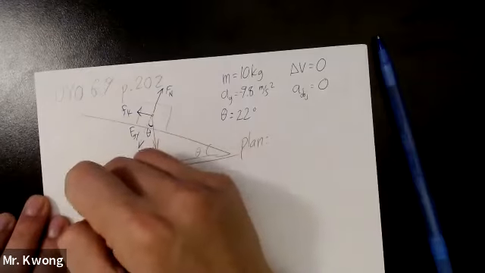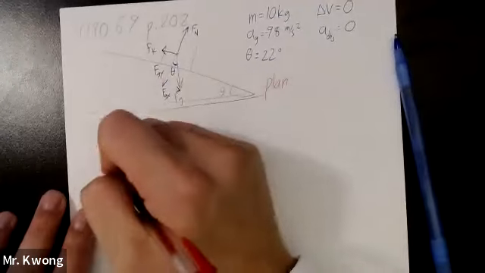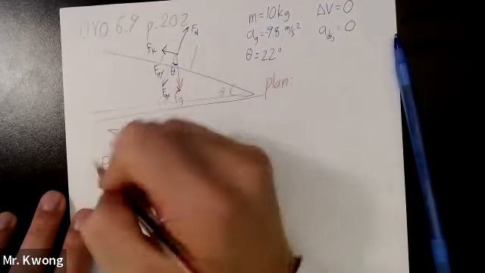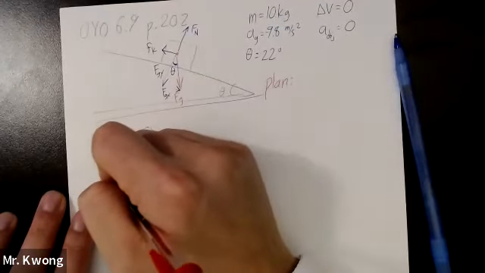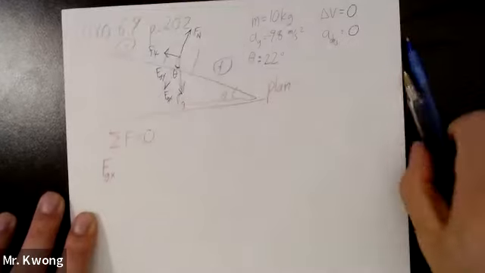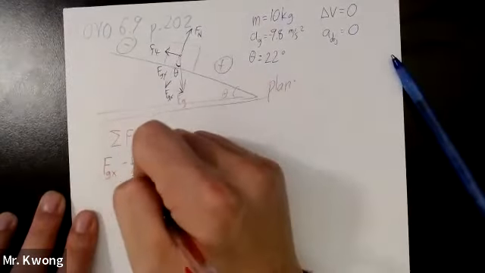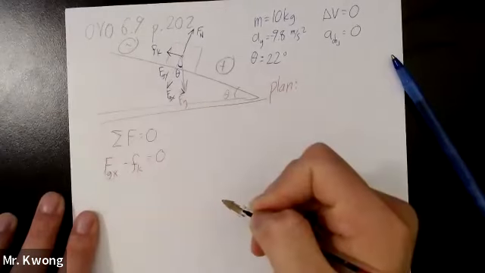So in our plan here, we're saying the sum of all the forces is equal to 0. That means you have the force of gravity in the x direction, and we'll say this is the positive direction and this is the negative direction. The force of gravity in the x direction minus the force of friction is equal to 0.